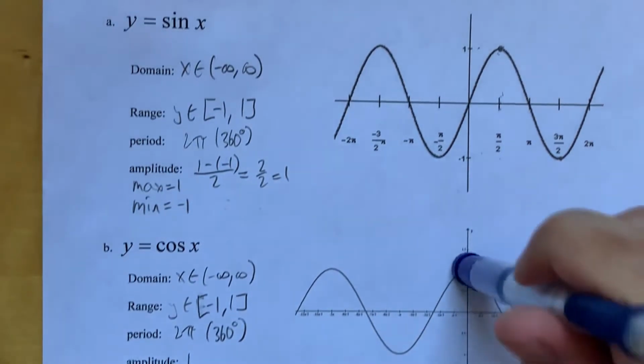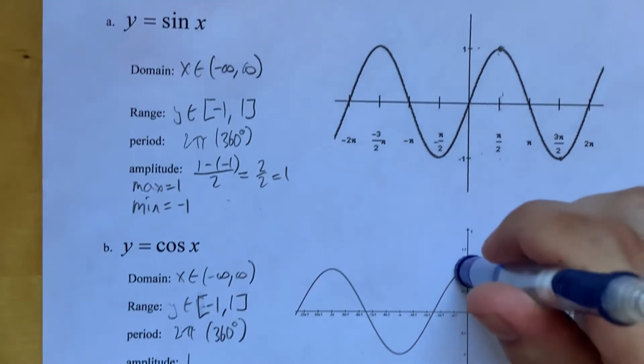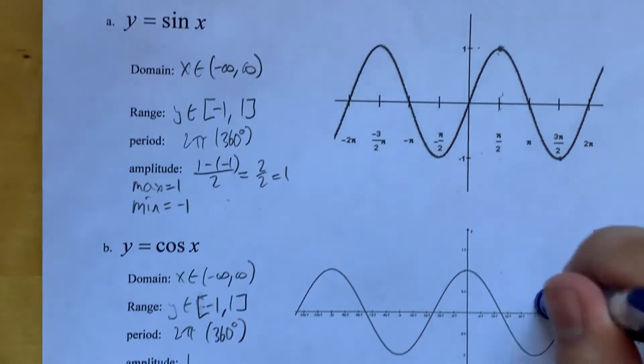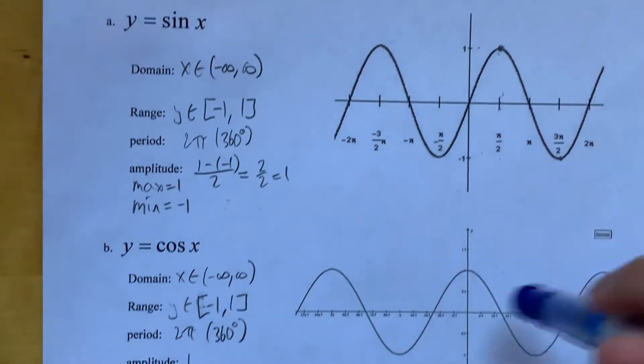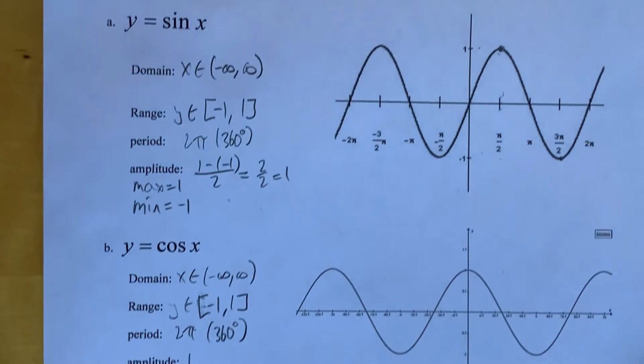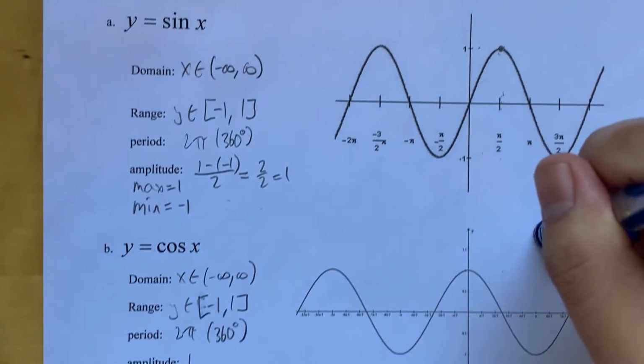It starts at 1, and then it hits the x-axis at half pi from both ends. So this shows you that the cosine graph could be shifted to the left or right, depending on how you look at the sine graph. I just want you to be aware of the characteristics of a cosine graph and of a sine graph. All right.